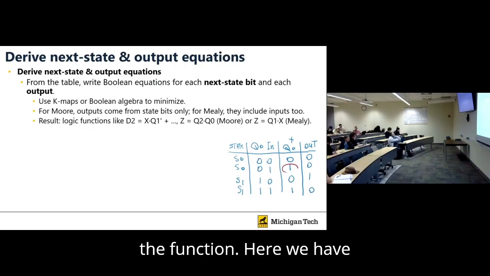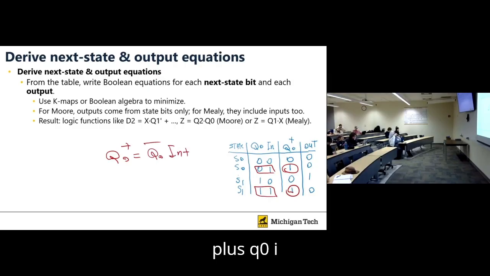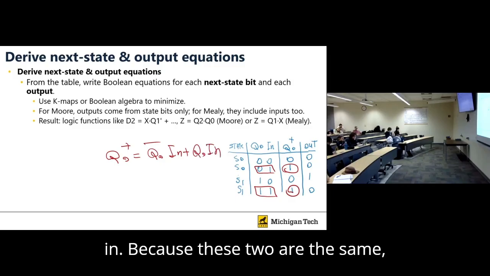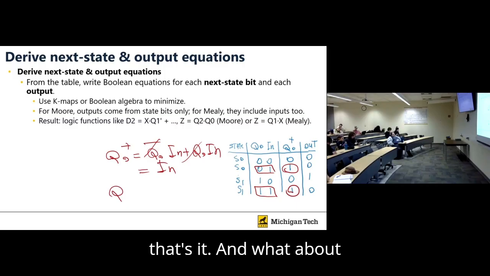So here we have 2 ones. Q0 plus is equal to, we have this and this: Q0 plus bar I in plus Q0 I in. Because these two are the same, this is going to go I in.